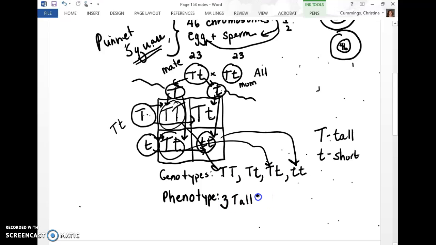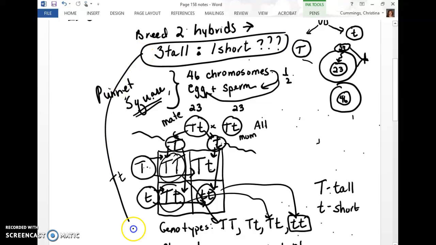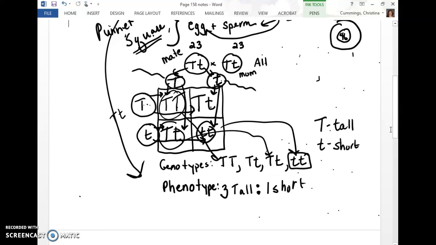We would have 3 tall plants for every one short. Does that sound familiar to you guys? Well, it should, because that's exactly what happened when Mendel bred his 2 hybrid plants together. In those offspring, he observed 3 tall for every 1 short.